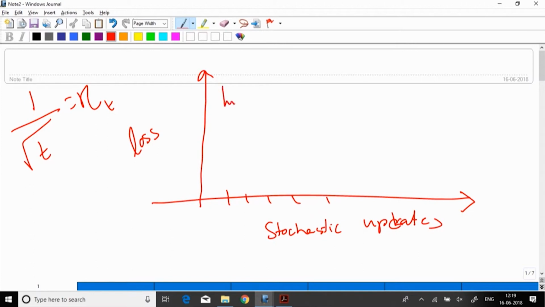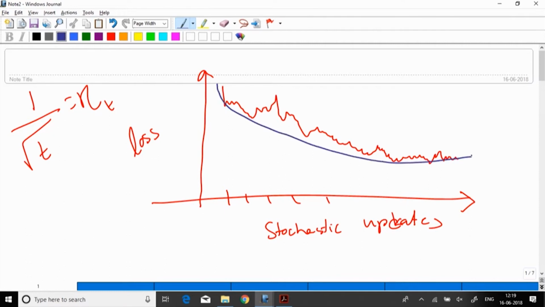What you will see is a plot something like this. You can see that it is sort of converging like this.